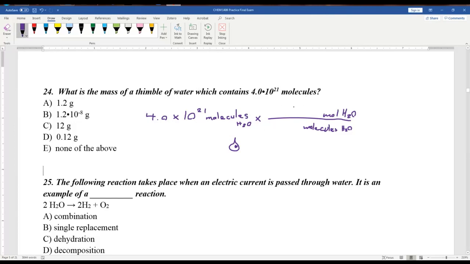One. 1 mole. And 1 mole is how many molecules? Remember, to go from moles to molecules, we have to use Avogadro's number, remember? And Avogadro's number is 6.022 times 10 to the 23rd.